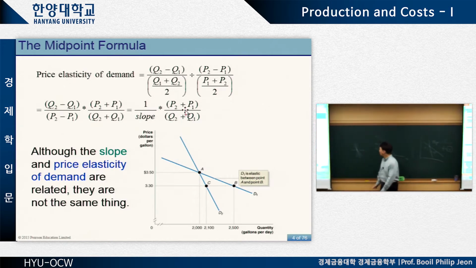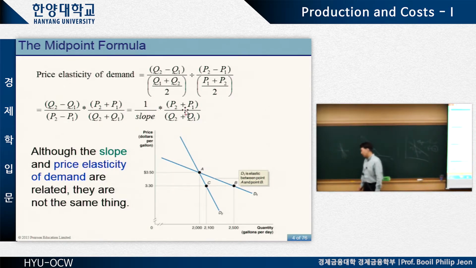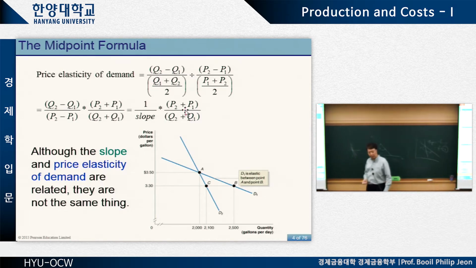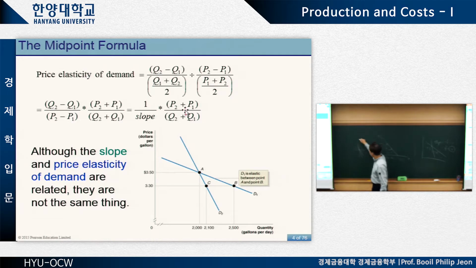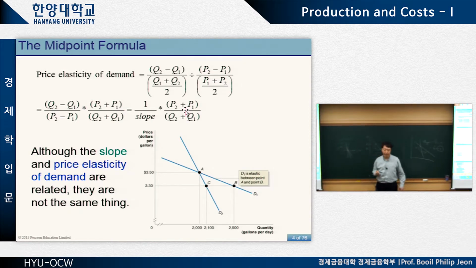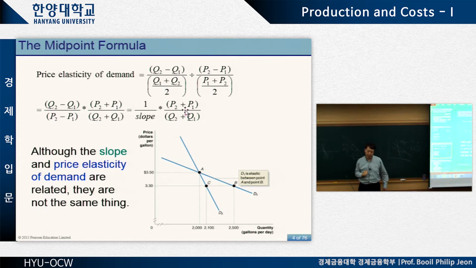According to his memory, elasticity for the vertical one is 0, the horizontal one is infinity, and this one is 1. So this is between 0 and 1, and this is between 1 and infinity, right? Have you learned it like this?